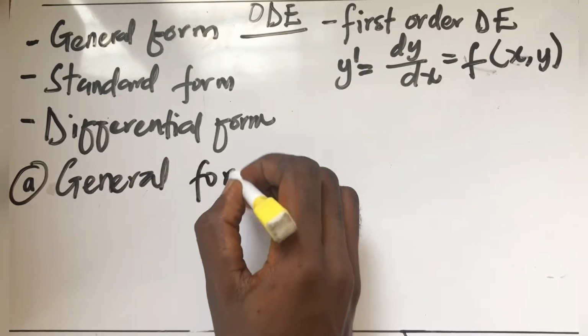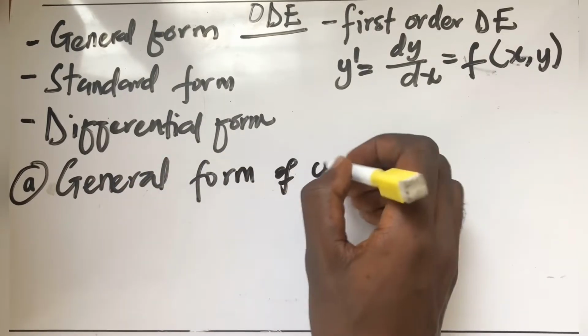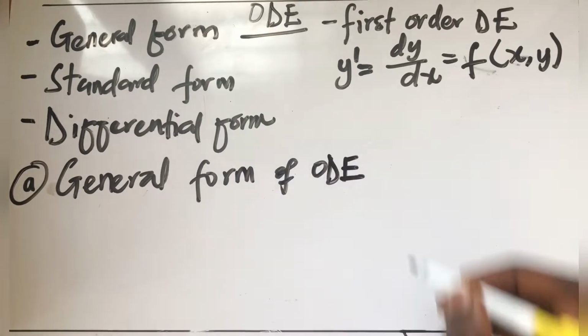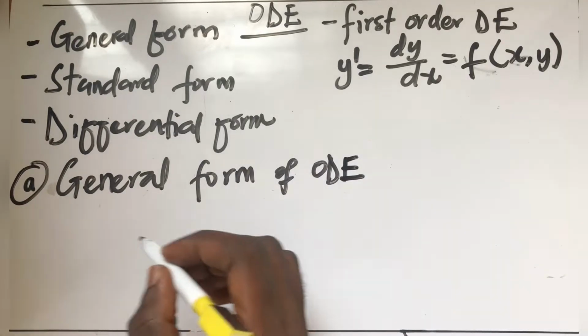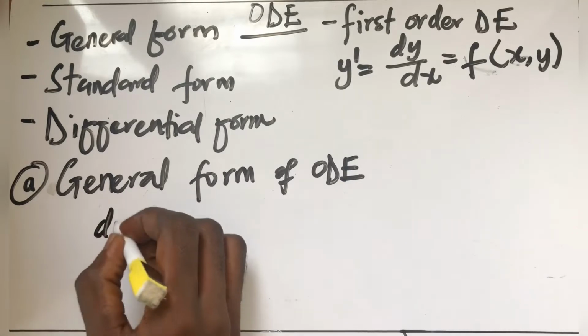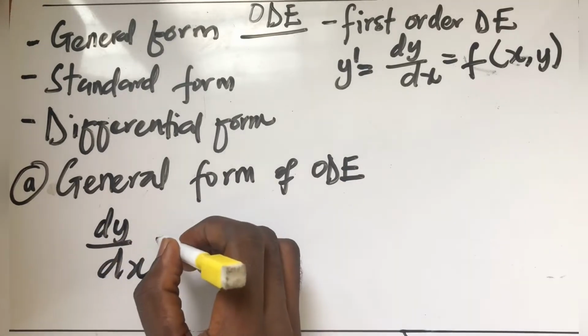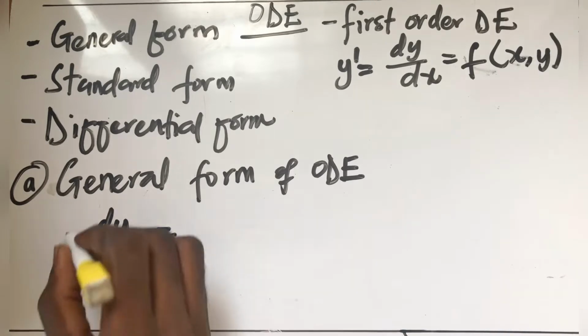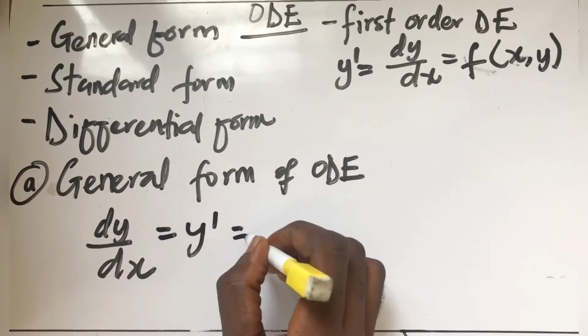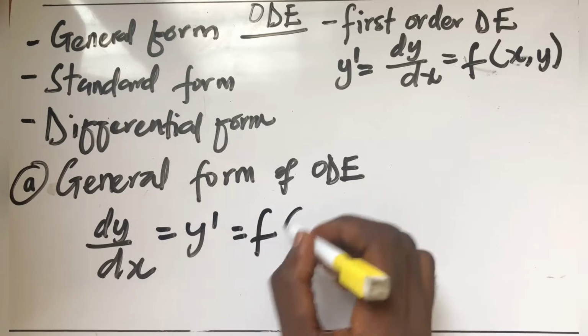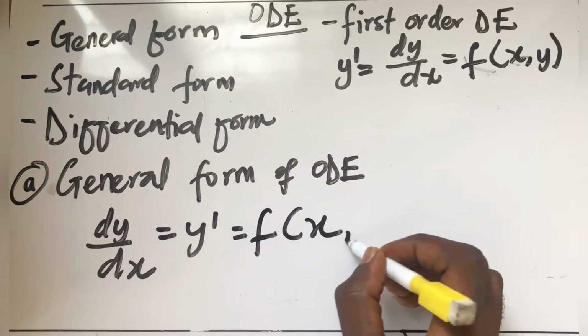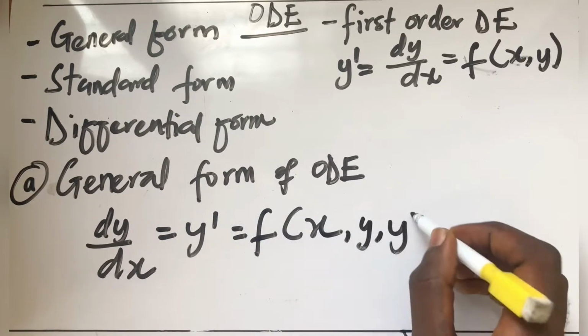The general form of an ordinary differential equation. You might meet a certain equation of this format. This is the same as this, and then we have y and y prime.